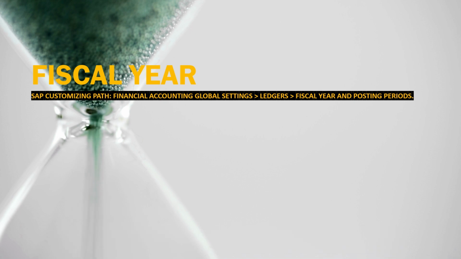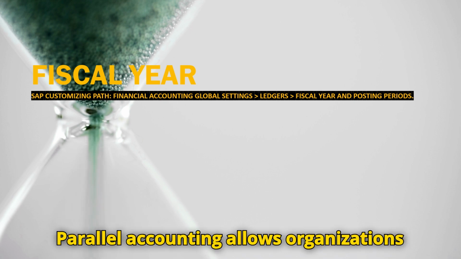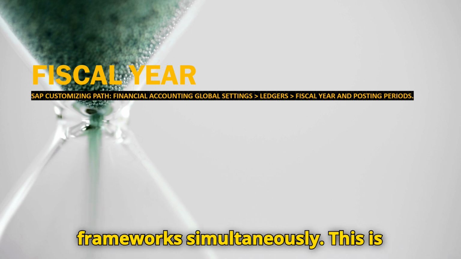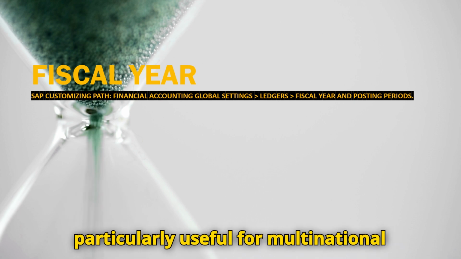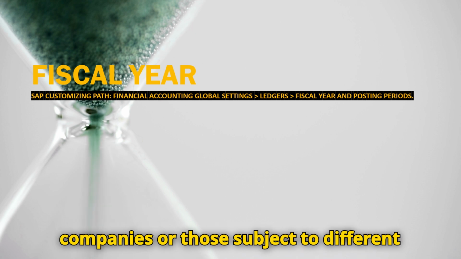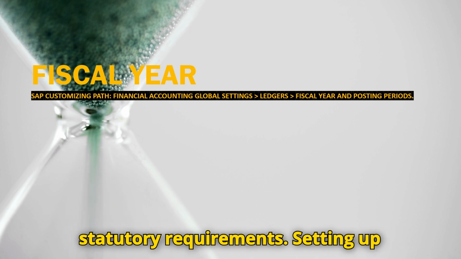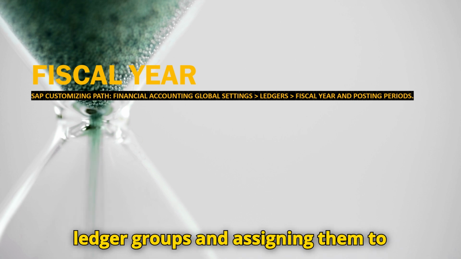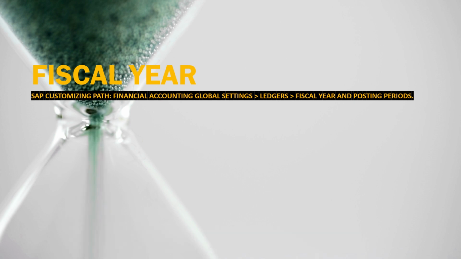Parallel accounting. Parallel accounting allows organizations to manage multiple financial reporting frameworks simultaneously. This is particularly useful for multinational companies or those subject to different statutory requirements. Setting up parallel accounting involves defining ledger groups and assigning them to specific accounting principles.